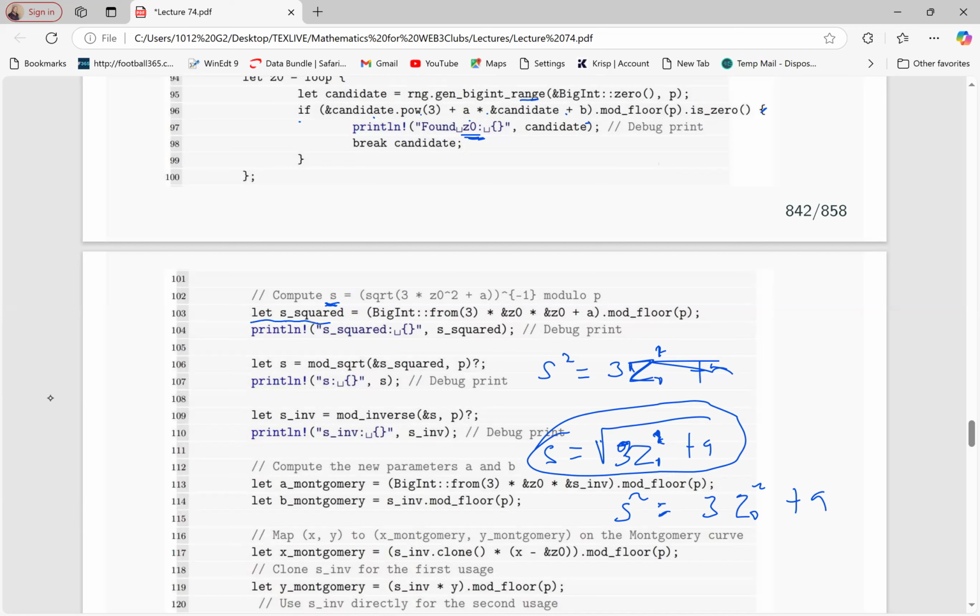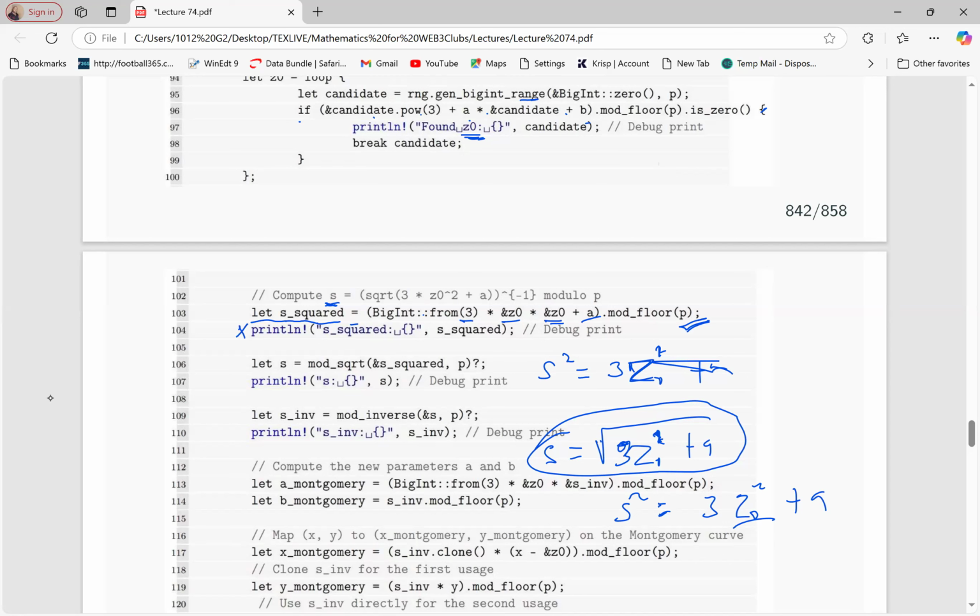Let S squared be 3 multiplied by Z naught times Z naught, which means Z square, then plus A. So you are doing this mod p. I told you I had found some problems doing this, so I asked it to print it so that I verified whether it's getting the right S squared.